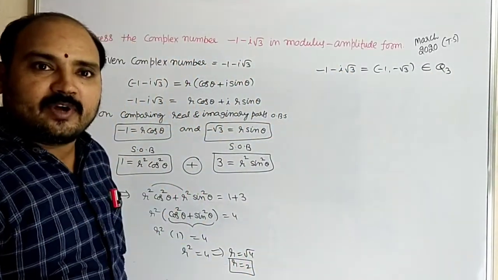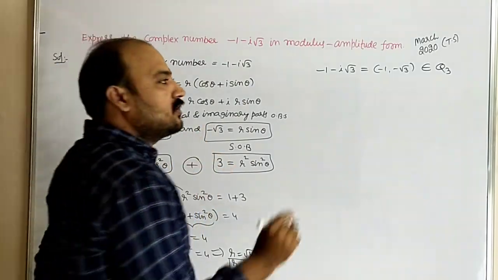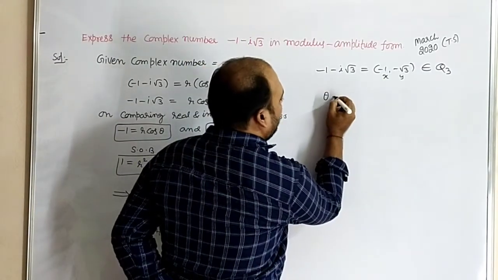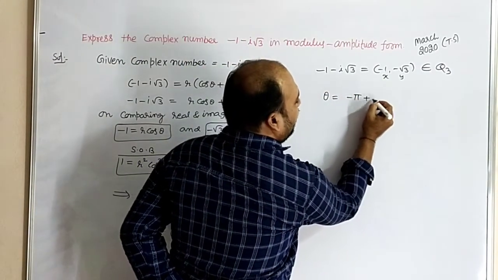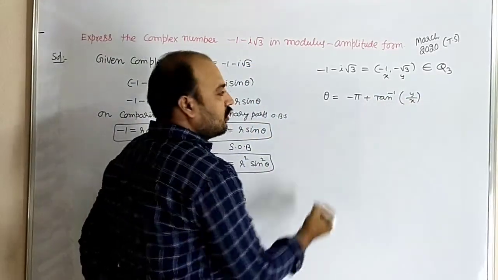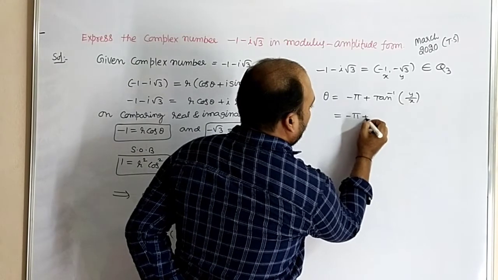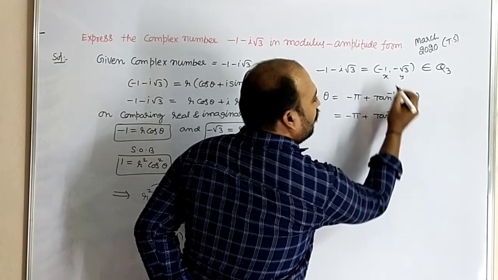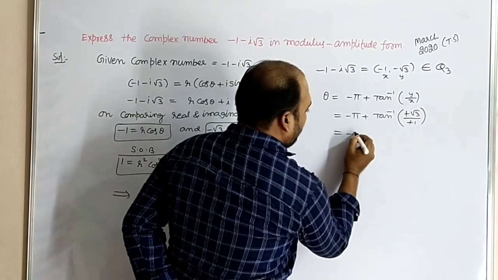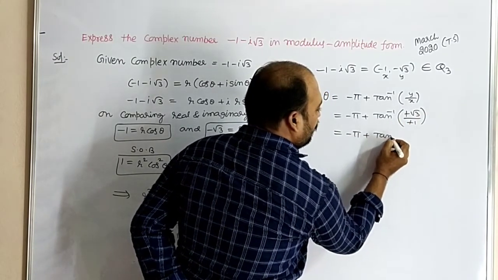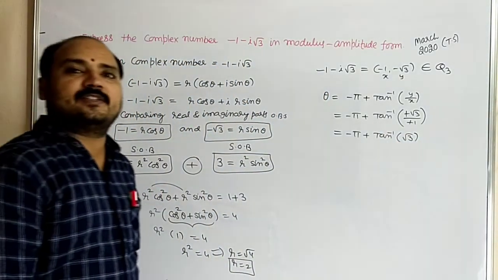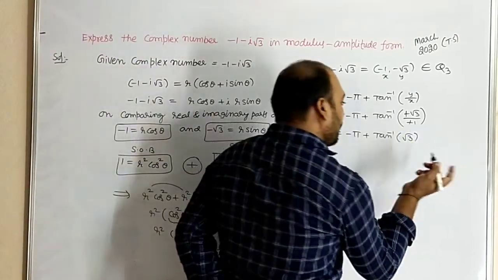Whenever the complex number belongs to the third quadrant, the theta value we can write as minus pi plus tan inverse y by x, which is equal to minus pi plus tan inverse of minus root 3 divided by minus 1, which is minus pi plus tan inverse of root 3. Root 3 in terms of tan: tan 60 is root 3. 60 means pi by 3.